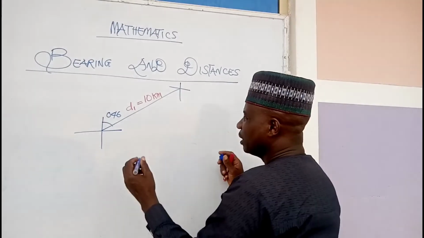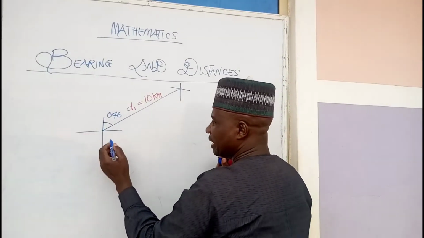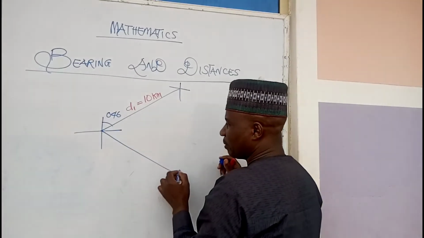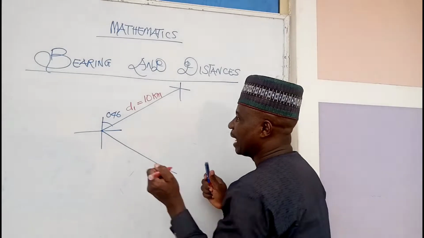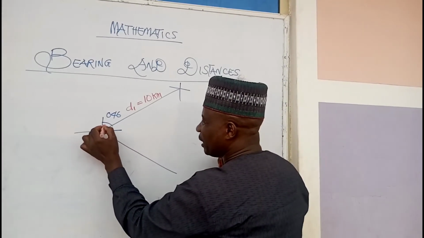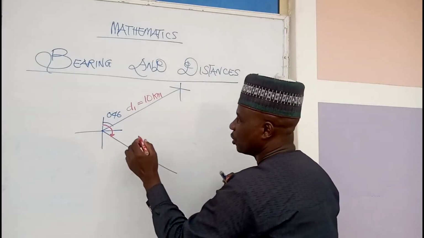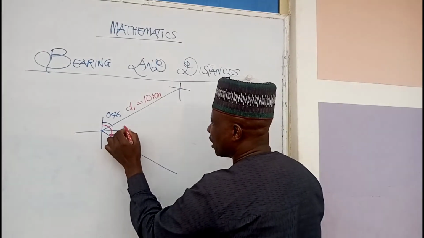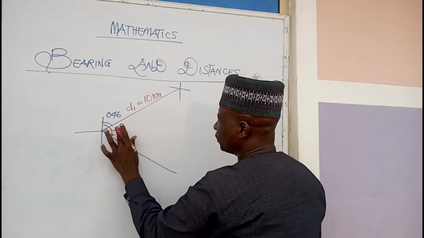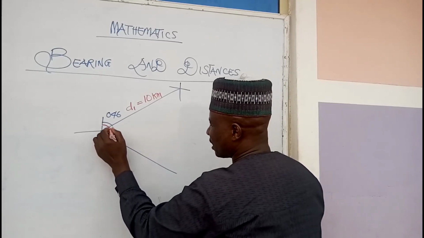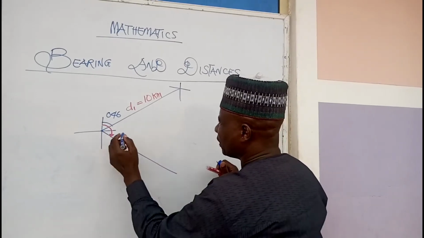Now you know the entire here is 90, so 127 should be somewhere here. I started from this place again. This is my 127.